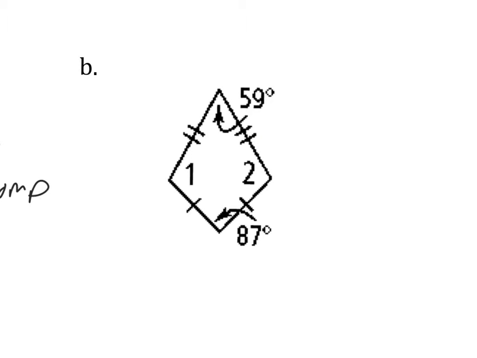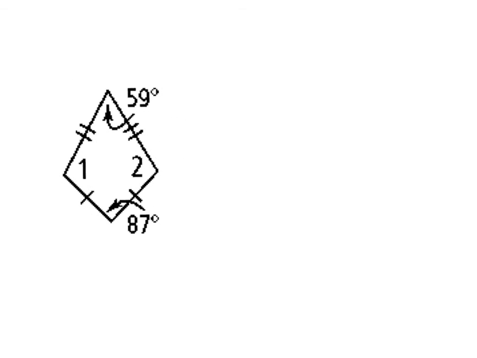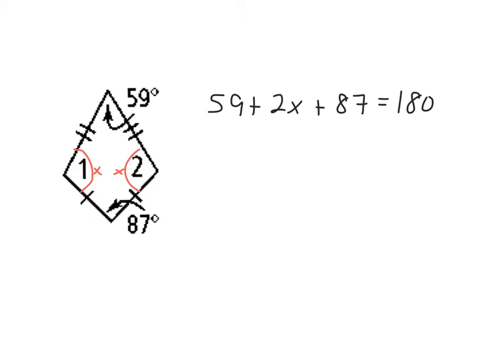All right, we're going to use two ideas here. Number one, since we have a quadrilateral, we know that all four angles are going to sum to 360 degrees. And we also know that the non-vertex angles of a kite are congruent. So if I just call this x, those are both x. So when I set it up using the 360, I can say 2x plus the 87 plus the 59 is equal to, not 180, see if that one will erase. Oh, look, it erased.